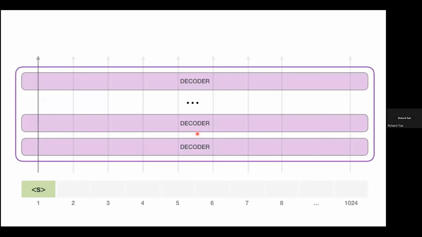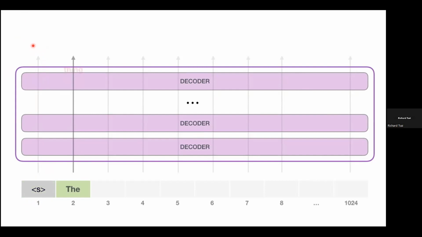So let's explore how GPT-2 generates each output token. To initiate the generation process, we input the start token, often denoted as <s>. GPT-2 begins generating the next token in the sequence. In this example, it generates the token "the."